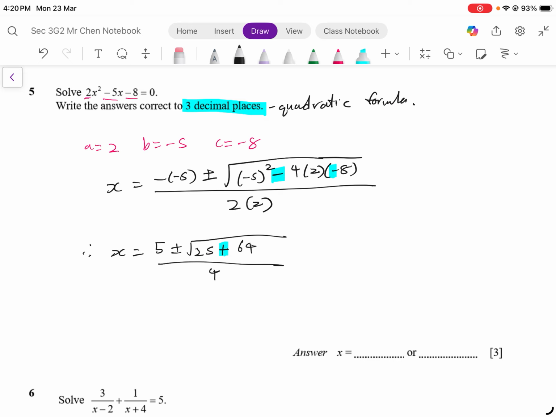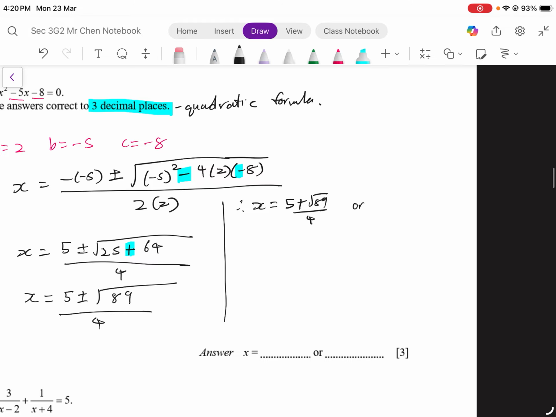So x equals to 5 plus minus square root 89 over 4. x equals to 5 plus square root 89 divided by 4, or x equals to 5 minus square root 89 divided by 4.